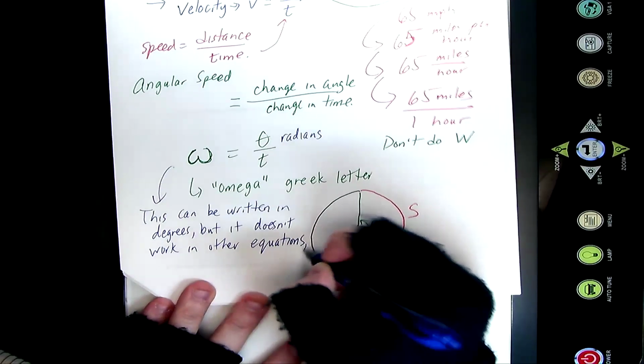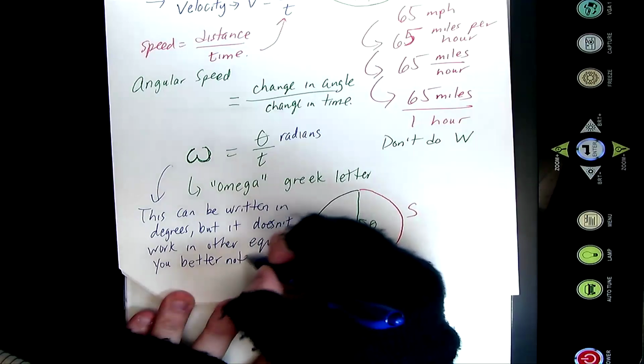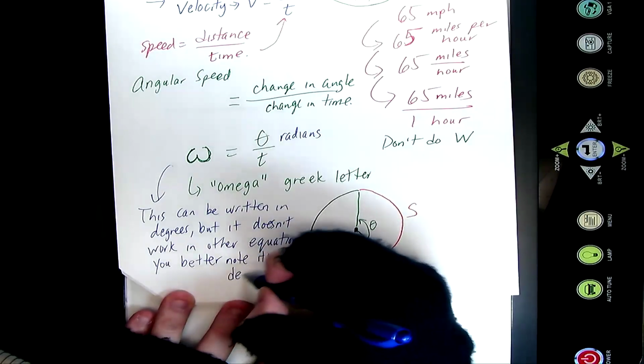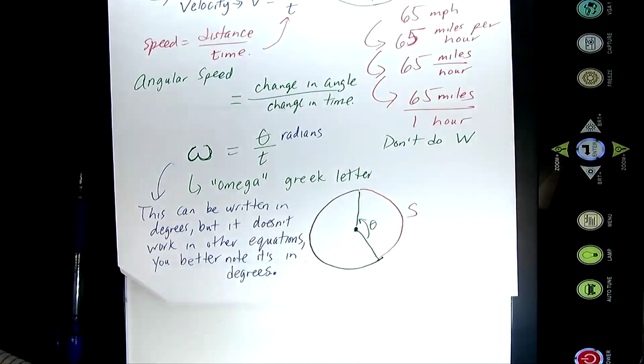And if you do degrees, you better note it's in degrees. You gotta have the right units. I told you guys about NASA and the European Space Agency messing up, same idea. It's assumed by everyone that knows angular speed that this is in radians. And if you use degrees and don't say it's in degrees, this is completely unusable by anybody else. In fact, if they have any idea what you're talking about, they're gonna be, what? That's not possible.